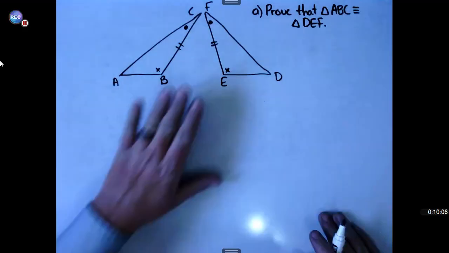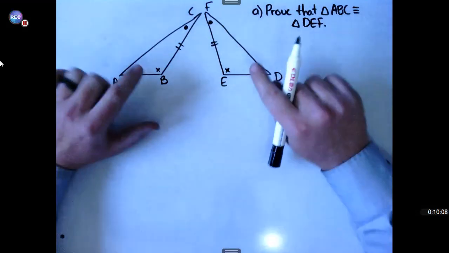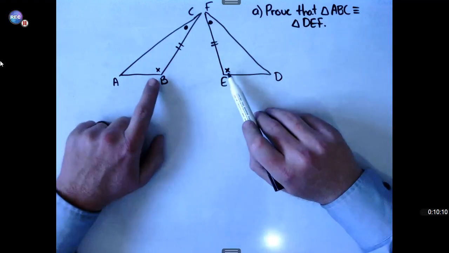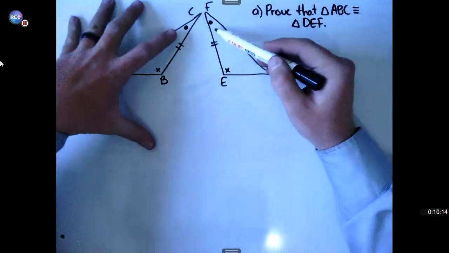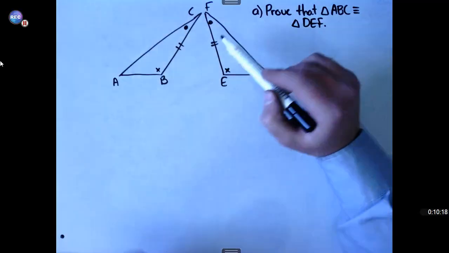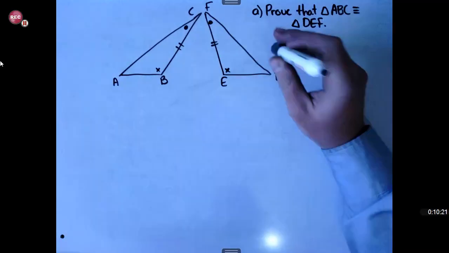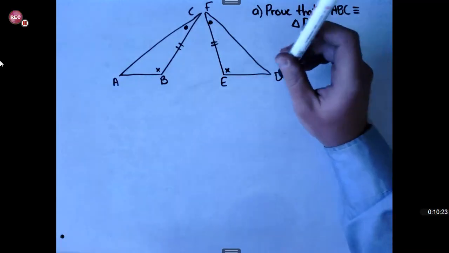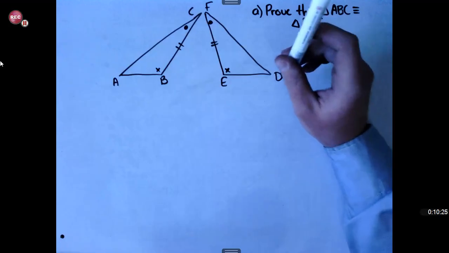Okay, now if you look at this, you'll see that you've got one pair of corresponding angles over here, one pair of corresponding angles at the top, and then you've got one pair of corresponding sides. So now you need to go look at which condition you are going to work with.